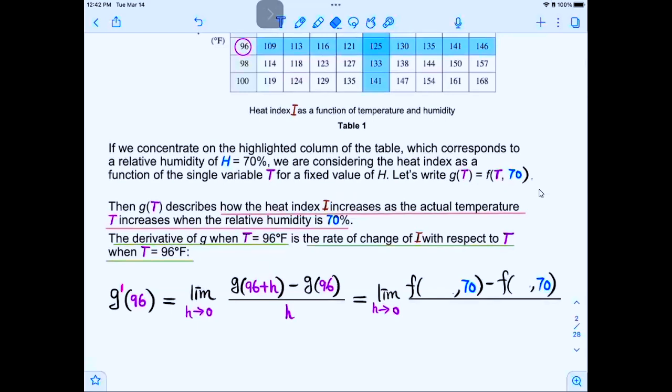So we're going to put F of 96 plus h over here. And remember the second component, the humidity is fixed to be 70%. We're not going to change it. The only change here is the first component. So 96 plus h goes here, and then 96 goes here, and then over h over here.